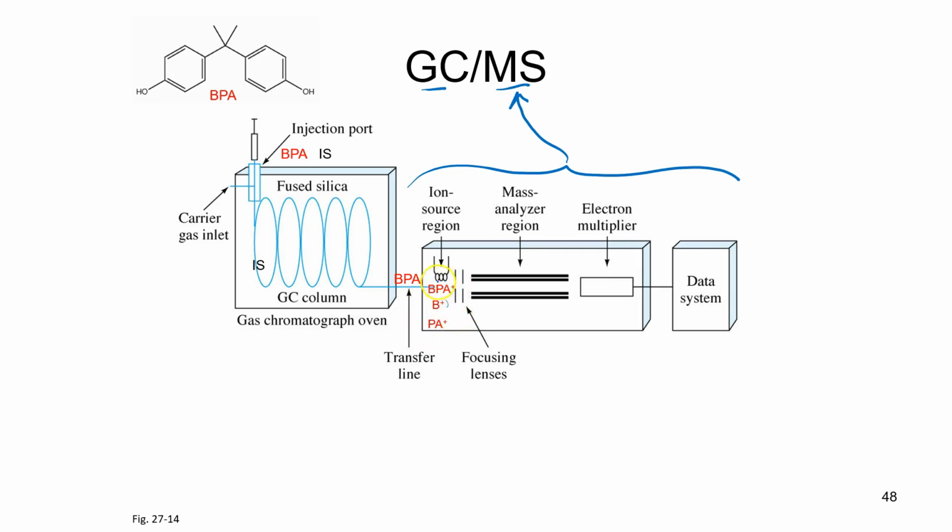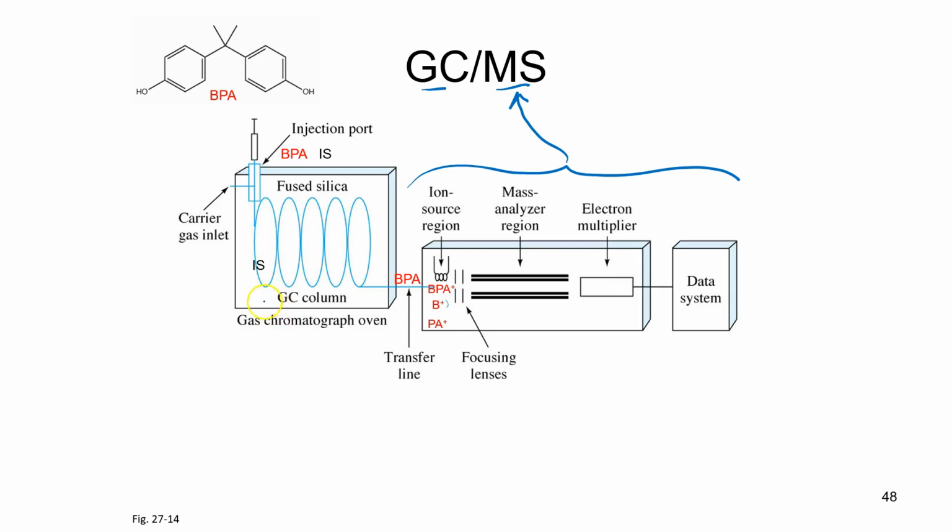And notice that I did leave one intact BPA ion. So after our solute gets ionized, it passes through the mass analyzer, and those masses get sorted, and then those ions reach a transducer where ions get converted into an electrical signal.